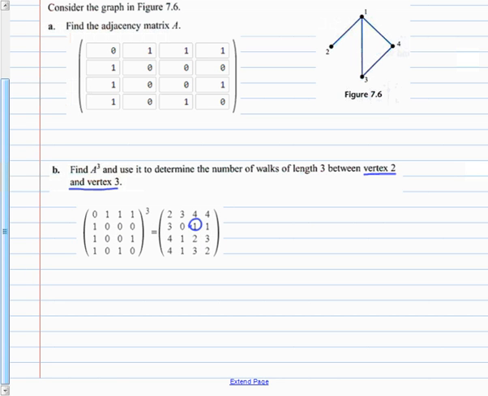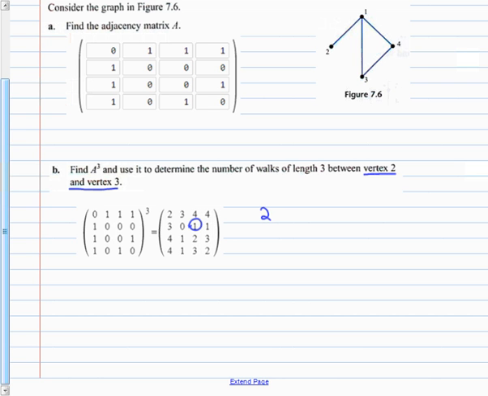Now I could also say between 3 and 2. It is still 1. Row 2, column 3. It's 1. There's exactly 1. So tell me, what is that one walk? The only way you can go in 3 steps between 2 and 3. It's not hard.